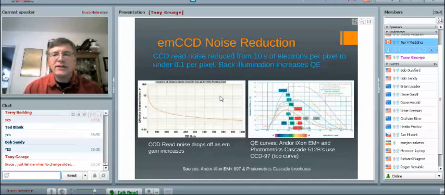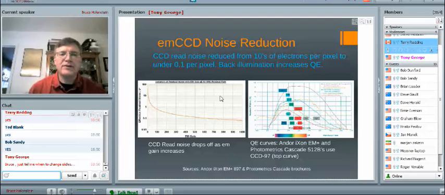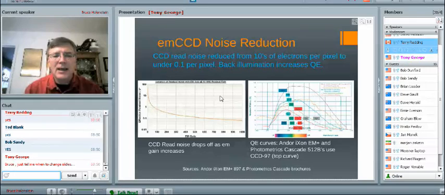So really what these two slides show, in particular the one on the left, which I'll talk about now, illustrates what happens to the CCD readout noise as the EM gain is increased. When the gain is very low, as seen on the x-axis, the readout noise on the y-axis is comparable to what a traditional CCD chip would produce, on the order of 10 or more electrons.